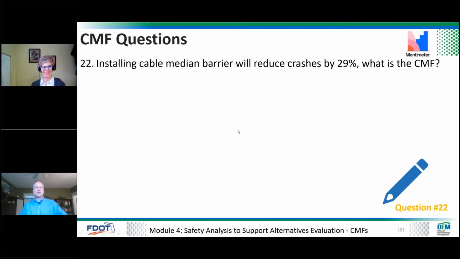Question 22. Installing cable median barrier reduces crashes by 29%. What is the CMF? Some folks have already started answering. This time I won't show the answers on screen, realizing it kind of gives away.